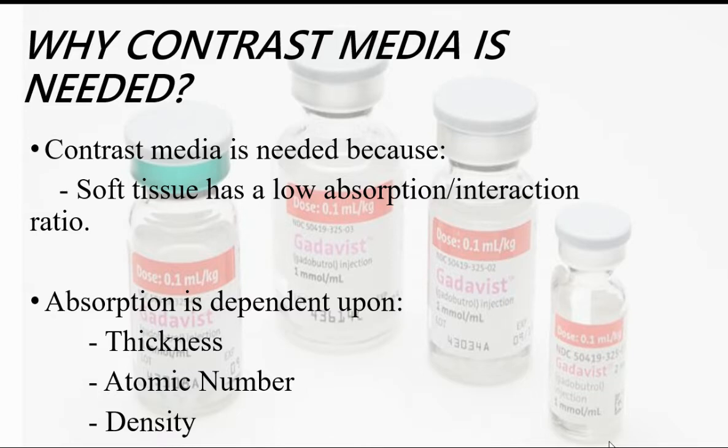So the higher the atomic number, the whiter the appearance of the contrast. For density, however, if two organs have similar densities and similar atomic number, it is not possible to distinguish the organs on the radiograph. It is because no natural contrast exists.